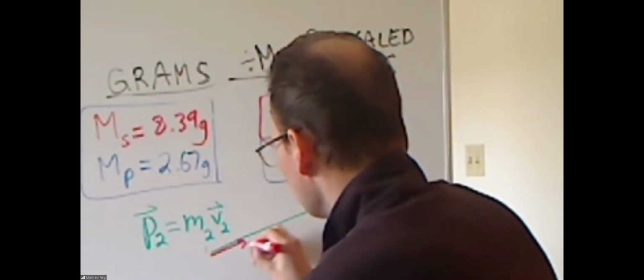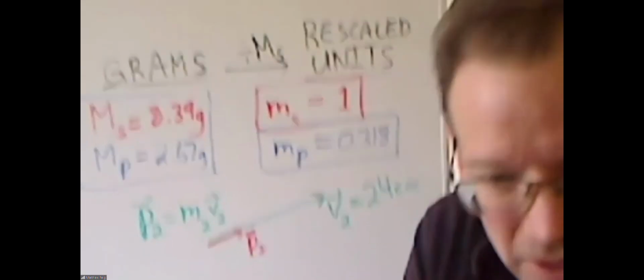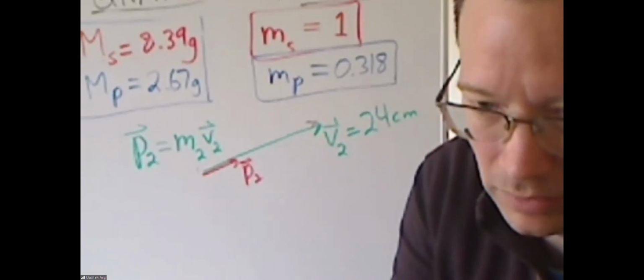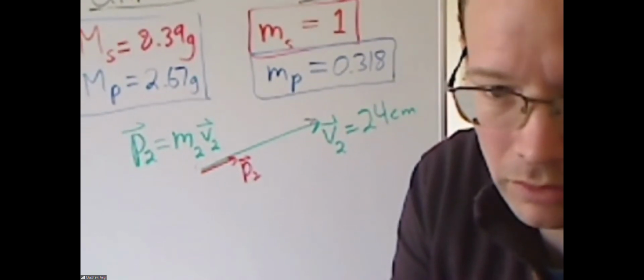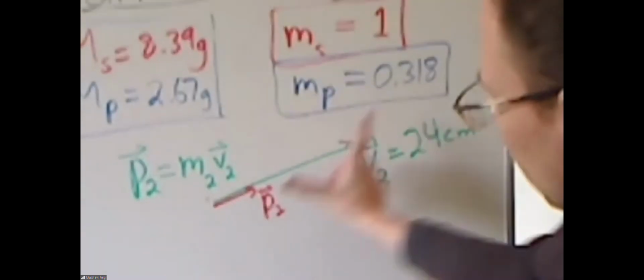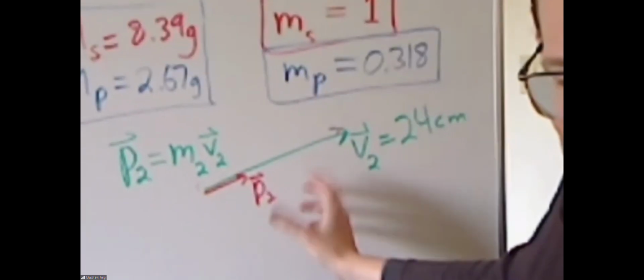I would label that shortened vector P2. I might have made it a little too short.